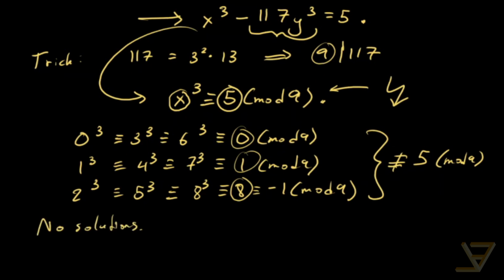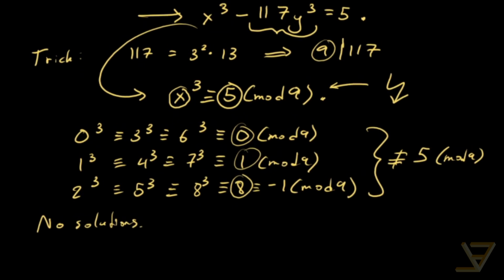Now I want to mention a caveat, which is that this is not guaranteed to work. There might be equations that have no solutions, but you can't find a modulus like this, or at least you can't find a convenient modulus like this.